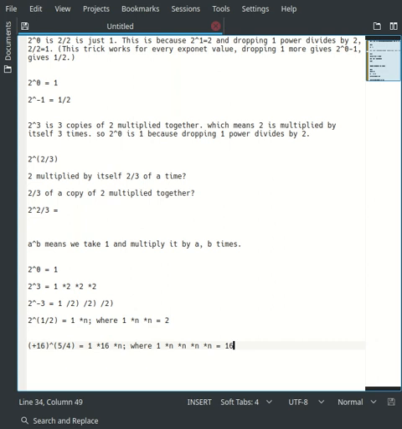I suppose this does work. So 2 should work for that. But also -2 should work for that. See, the trick is finding all of the solutions to it.